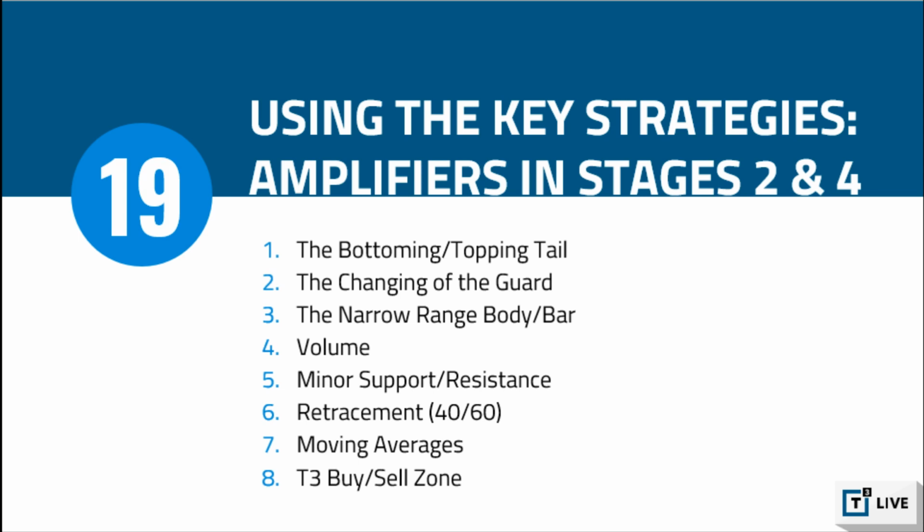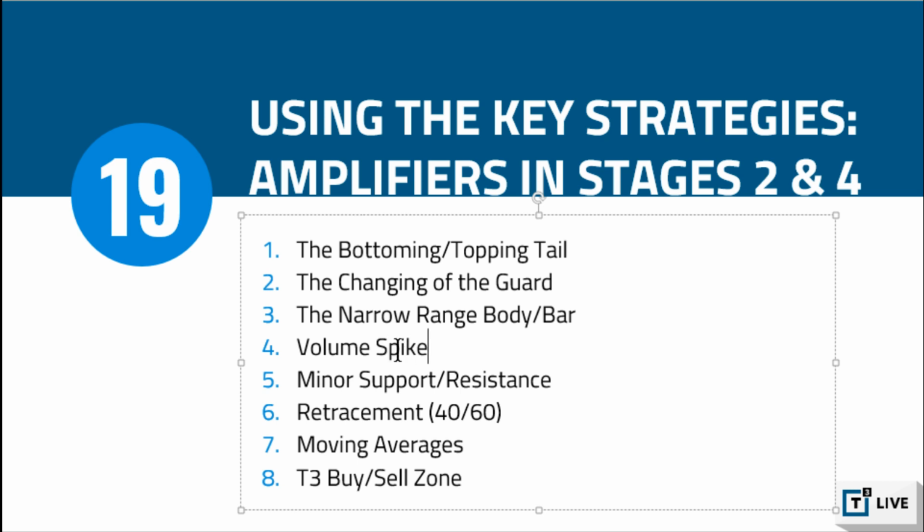The narrow range body or bar. Narrow range body is when the bar is average range, average sized, but the body is small. Narrow range bar is when the entire bar from top to bottom is very small. That's actually an amplifier. Volume, we don't mean just any volume, we mean volume spike or volume increase.